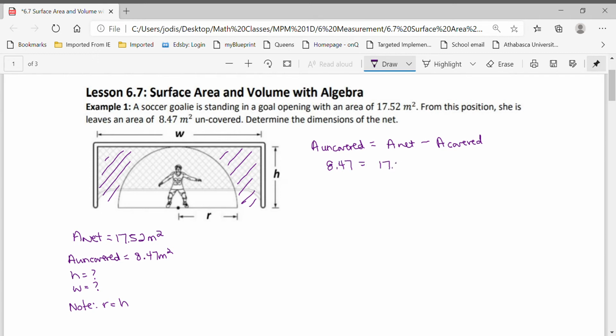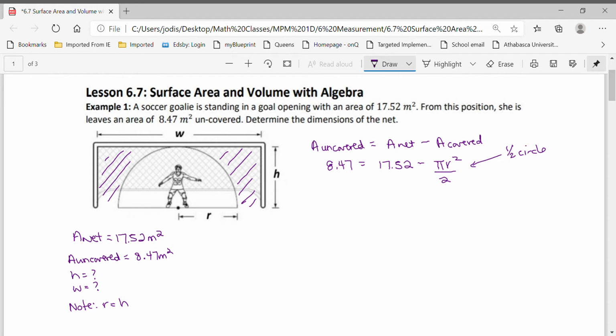The area of the net is 17.52. Now the area of the covered part, the part in here, that's like that semicircle part, right? So we know area of a circle is pi r squared, and if it's half of a circle, we can divide it by 2, okay? So this is like our half circle.